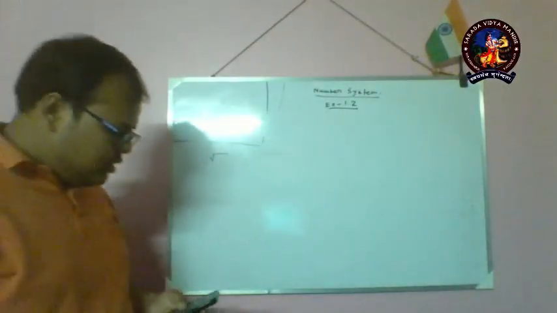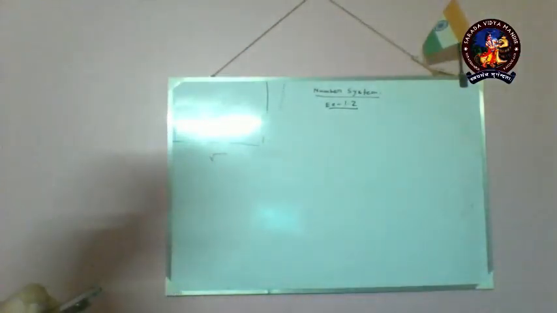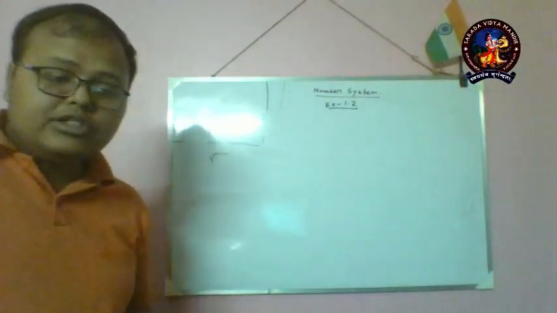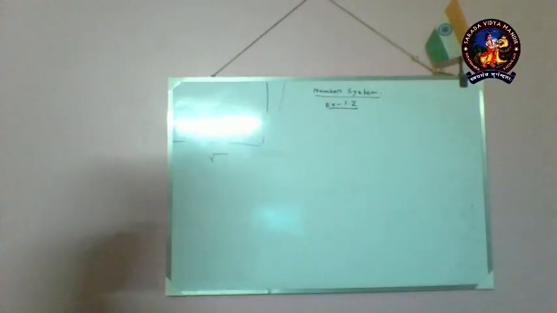So let's start the next exercise, 1.2. First question is, every irrational number is a real number. You have to say whether it's true or false, and you have to justify your answer as well.